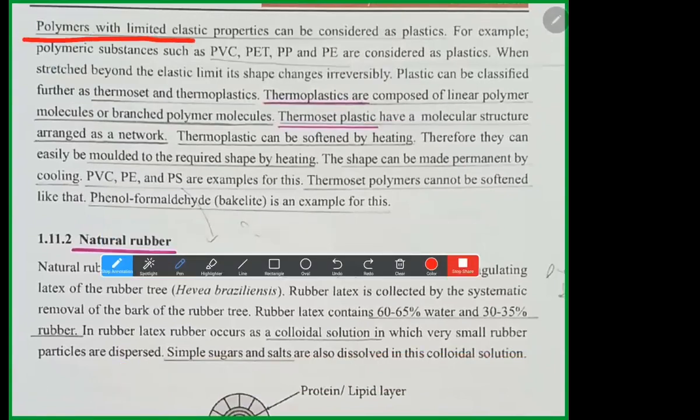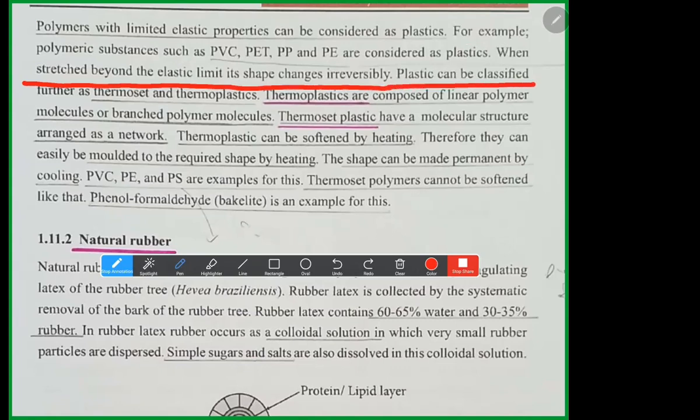Polymers with limited elastic properties can be considered as plastic. For example, polymeric substances such as PVC, PET, PP, and PE are considered plastic. When stretched beyond the elastic limit, their shape changes irreversibly.